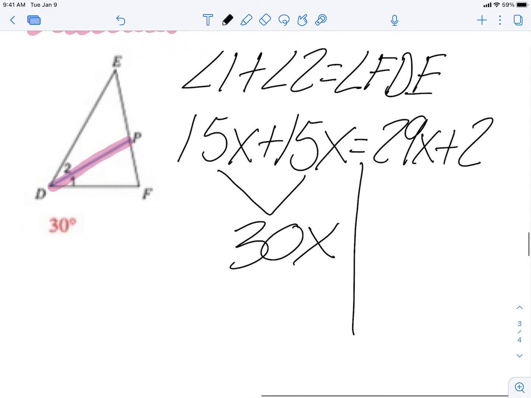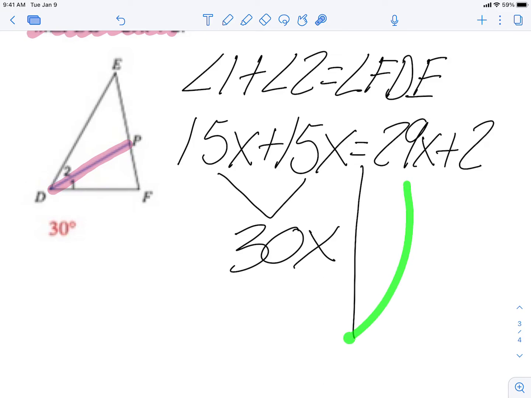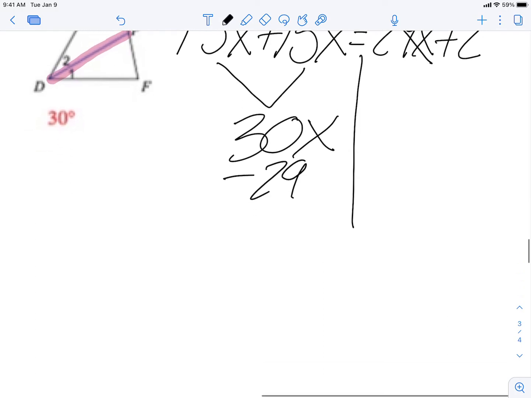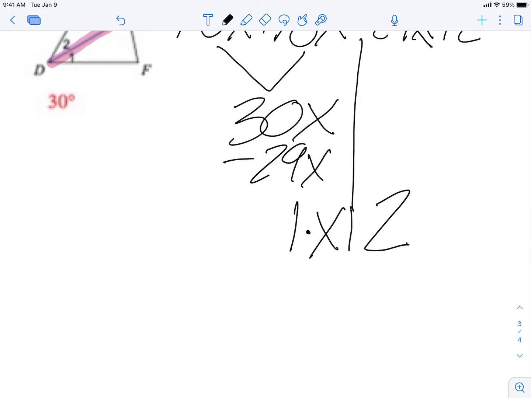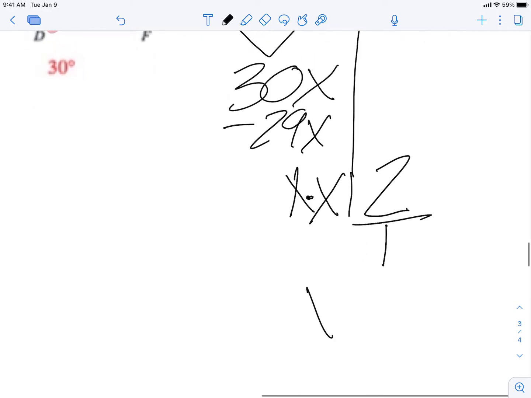Right? That means I'm going to take my 29x and I'm going to bring it over as minus 29x. Cross it out and I'm going to say minus 29x. 30x minus 29x is 1x. I still have 2 on the right side here. The opposite of multiplying by 1 is dividing by 1. So I get x is equal to 2.